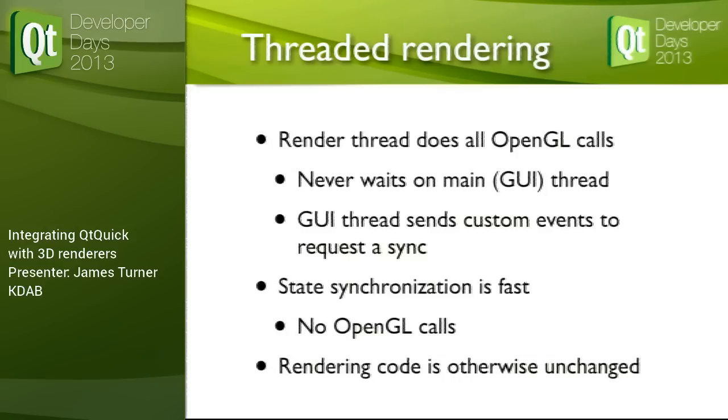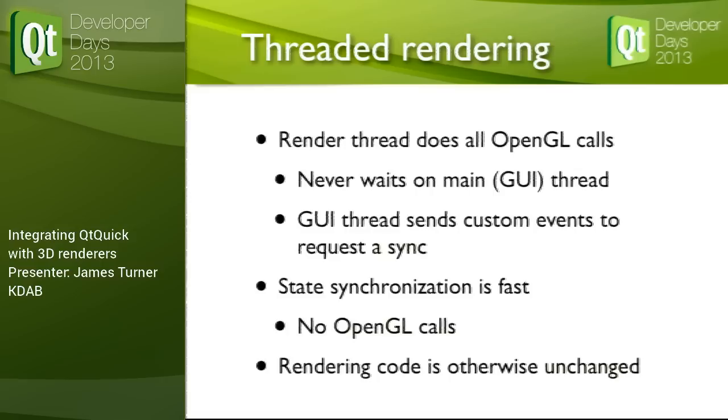The synchronization simply copies the width or the height or the color into the SG nodes on the render thread, and then that's done. And that synchronization phase doesn't make any OpenGL calls. So no OpenGL calls happen while the threads are synchronizing. It's just a very quick memory copying of doubles and floats and maybe some images across. And then the threads stop the synchronization phase, and the rendering thread goes back to rendering as fast as possible.